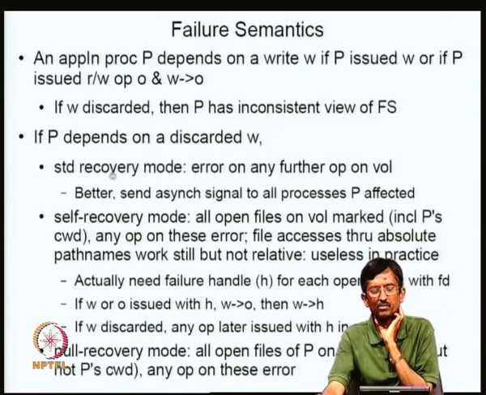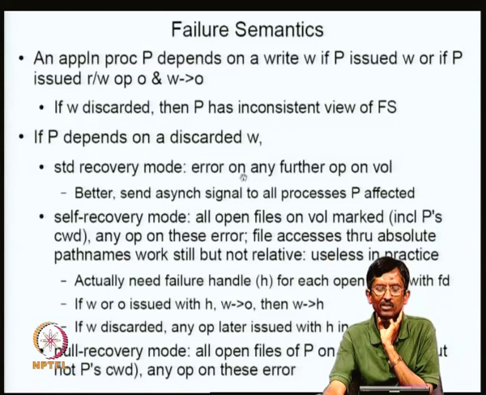So, when it comes up, you want to make sure that some recovery is happening, but at the same time there are other nodes on the system which could also be doing operations on that same thing, because notice that this particular file could be cached in some other places. Okay. So, what you are planning to do is basically say that anybody who does any operations on those related files for which the write-behind was dropped, you want to make sure it is an error. The ideal thing would be to send a signal to all the processes affected.